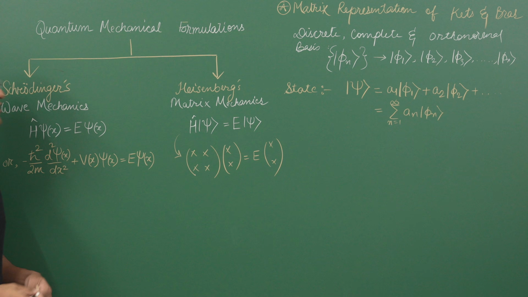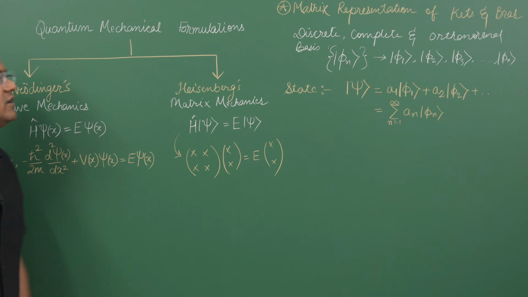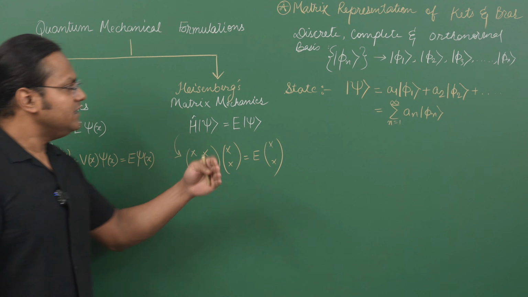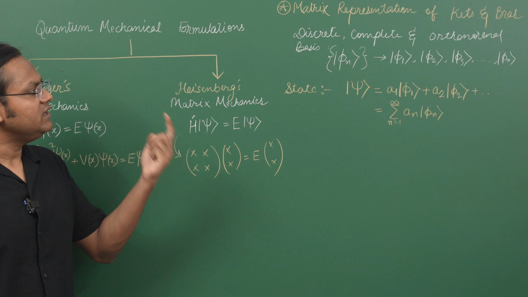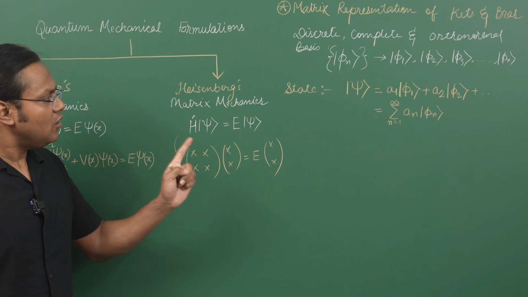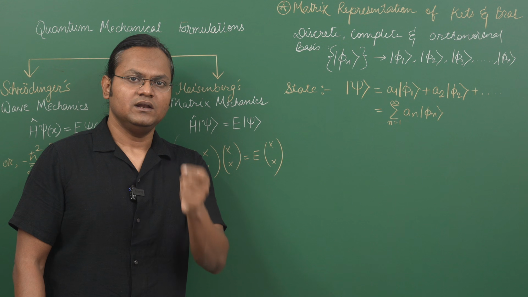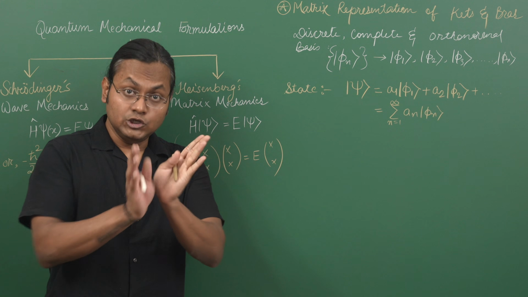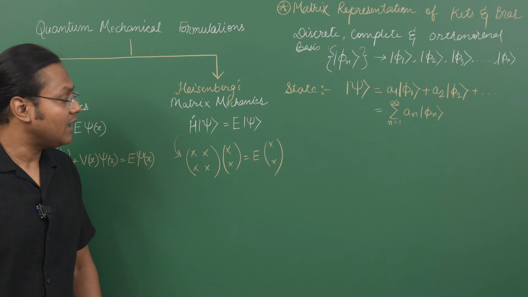Now this kind of a description is no different from the description of a geometrical vector in Euclidean space, where a geometrical vector can be written in terms of 3 distinct components, and all these 3 distinct components are essentially nothing but the projection of that particular vector with respect to the unit directions i cap, j cap and k cap.